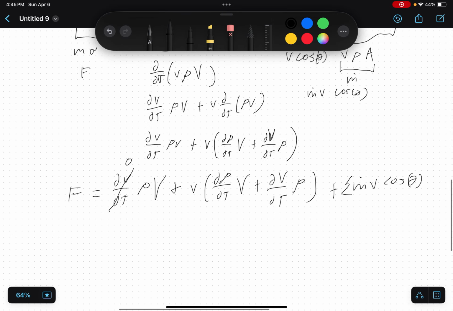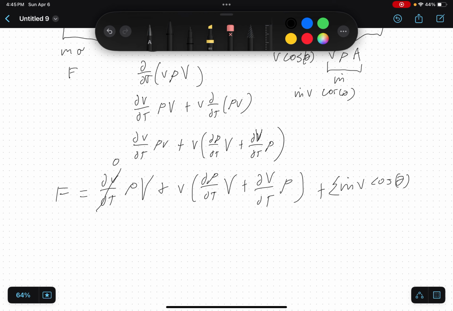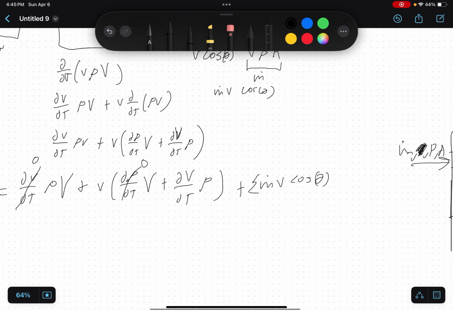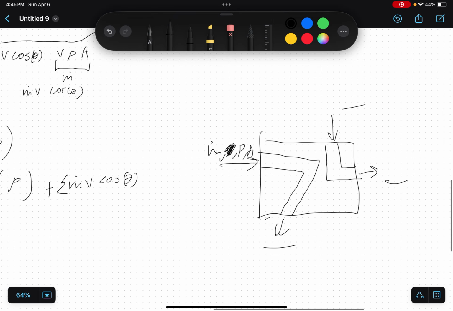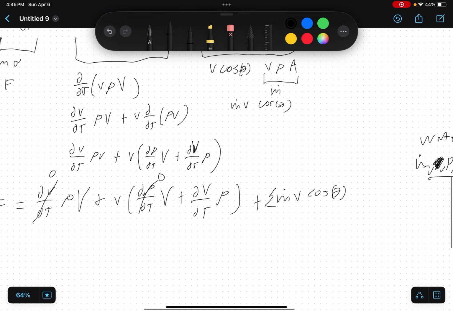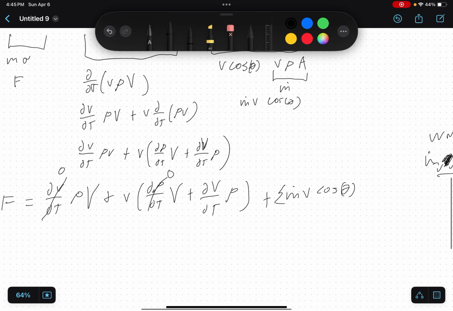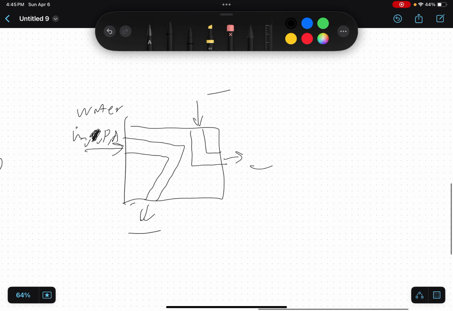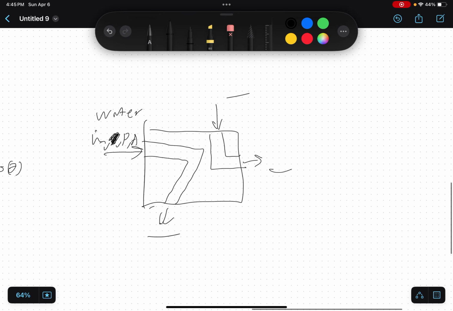Then density with respect to time is also 0 because it's incompressible, because I'm picking water. If it was air, then that term wouldn't be 0. And change in volume with respect to time is also 0, because this is just a box. It's not a balloon that's expanding, it's just a box.